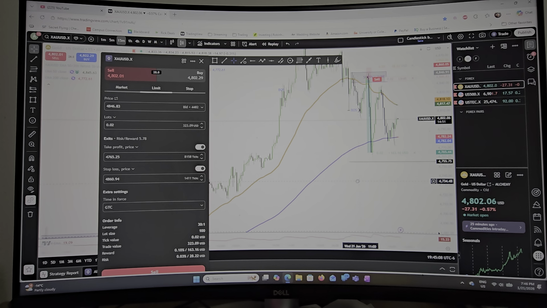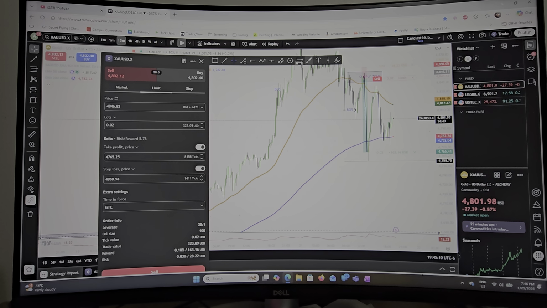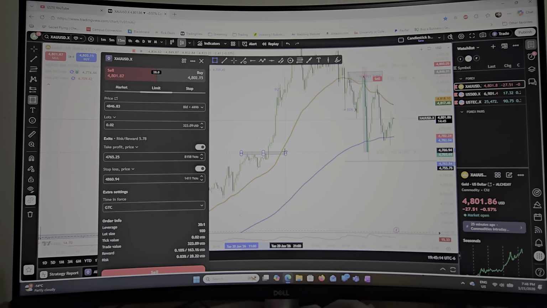and I saw this zone. This was the area that I thought price would come into, simply because sellers were coming in from here, and the aggressive move from here created a really bullish candle.